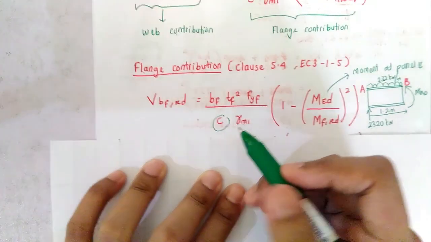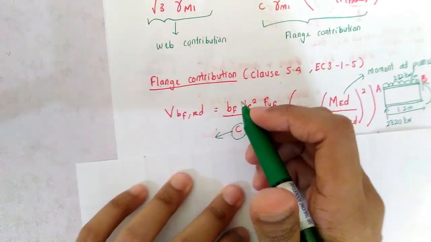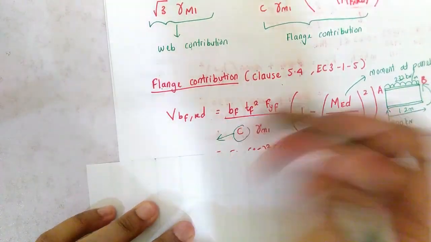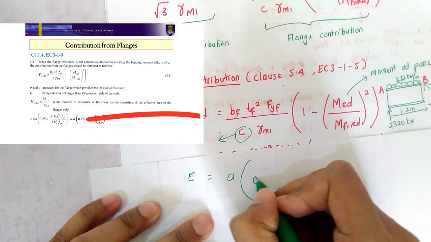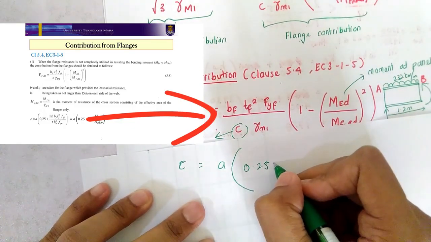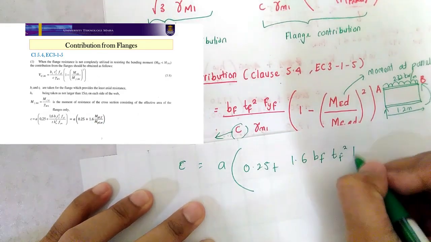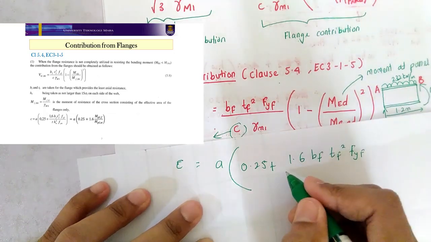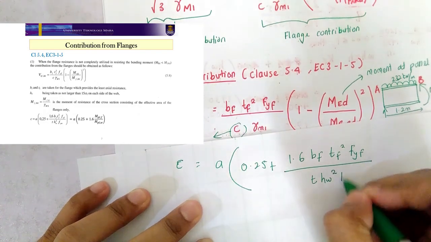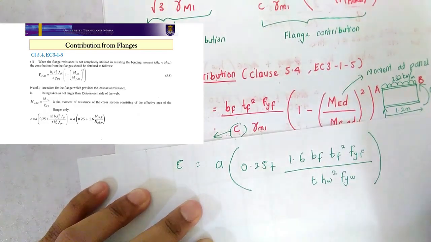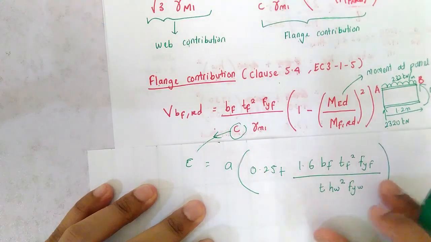The c value is given by the equation: c equals a times (0.25 plus 1.6 b_f t_f squared f_yf divided by t_w squared f_yw). So c is equivalent to this equation.